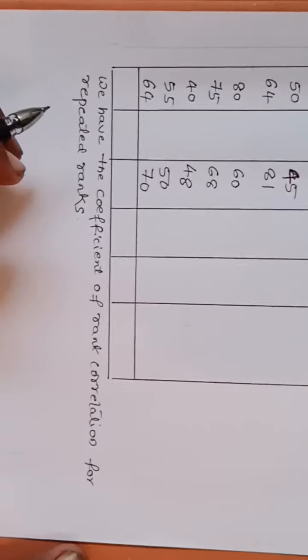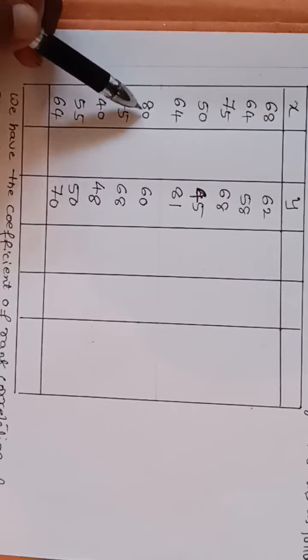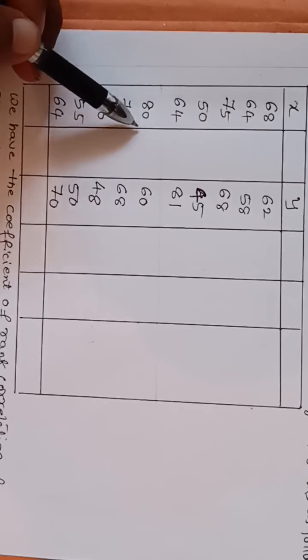Here repeated magnitudes are there, so we distribute ranks. First, 80 is the highest magnitude, so it is rank 1.